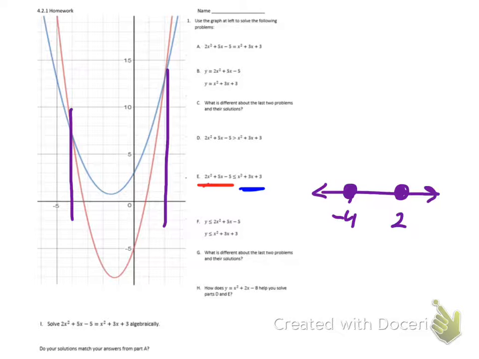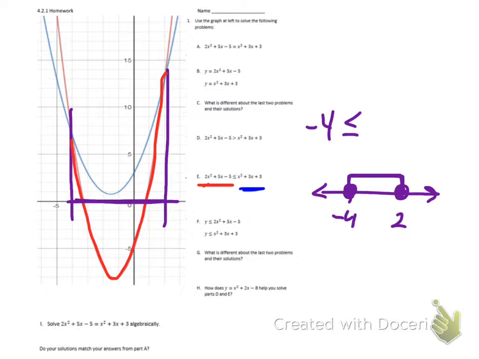If you look between here, for all these x values, the outputs of the red are below the outputs of the blue. So I am going to shade in between here. Writing my answer algebraically is going to be -4 is less than or equal to x, which is less than or equal to 2, because my x value can be anywhere between.